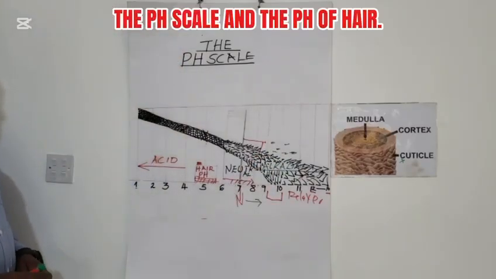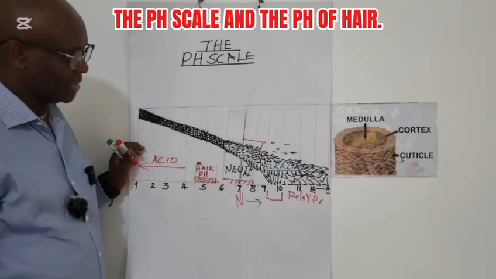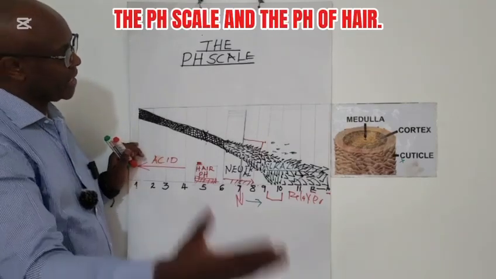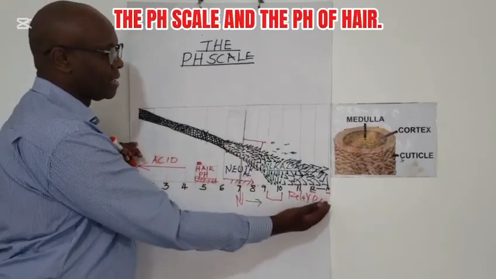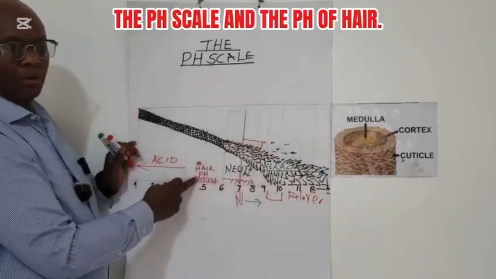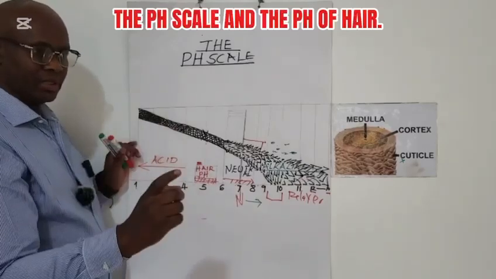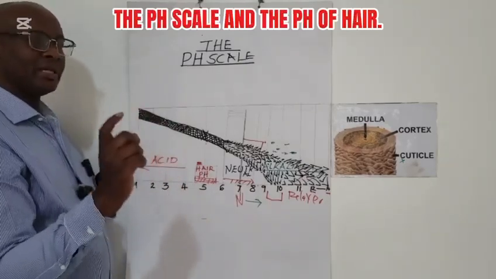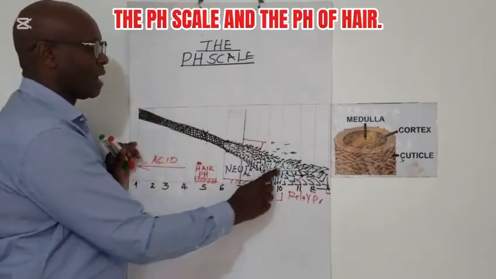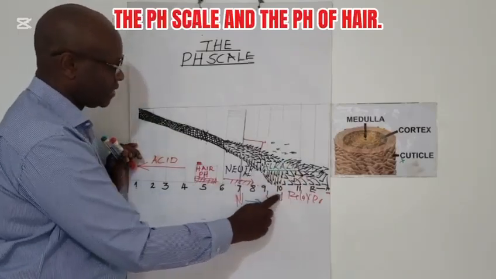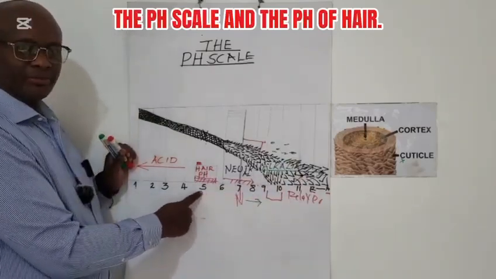So what happens next? It means we need to rinse out the relaxer. Once we rinse out the relaxer, now we need to find a way of bringing your hair back to normal at 4.5. Now, truth be told, the cheap neutralizers we have in the market have no ability of returning your hair back to 4.5.